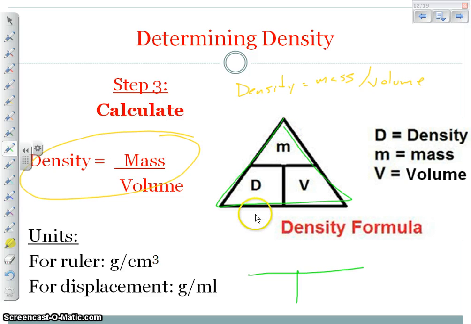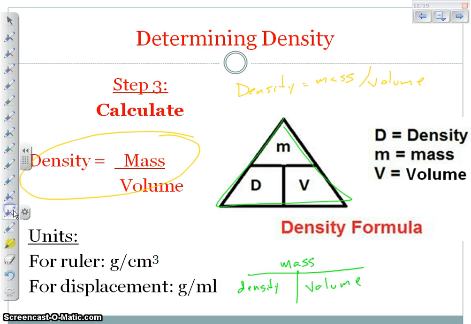Notice that when we look at this, mass is divided by volume, which means what's going to be our numerator in this case? Mass is up top. And that means the bottom of our triangles is going to end up being volume and density.